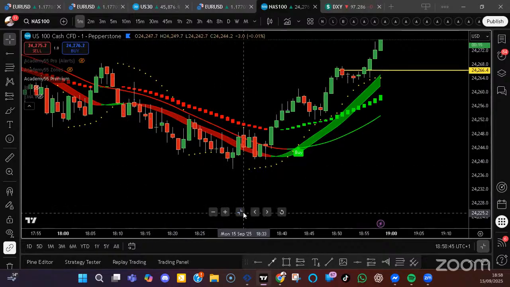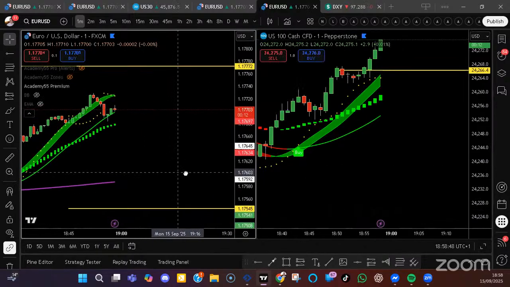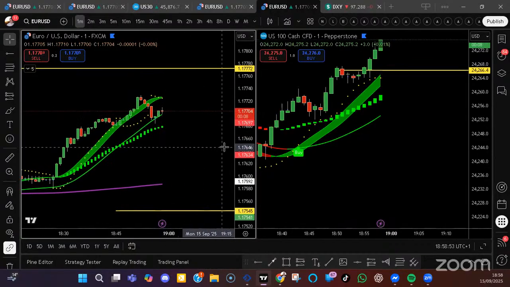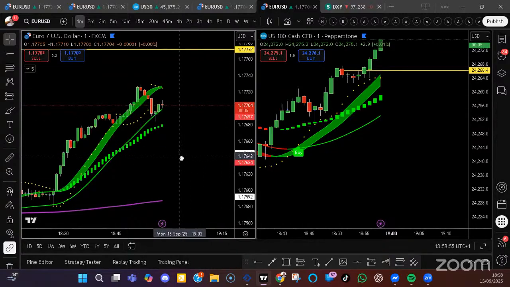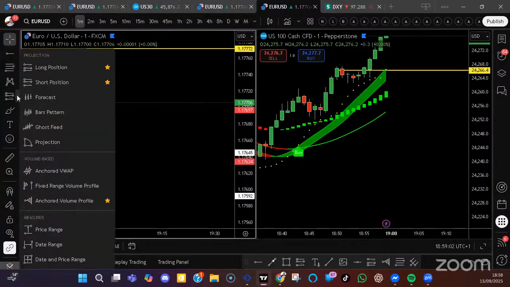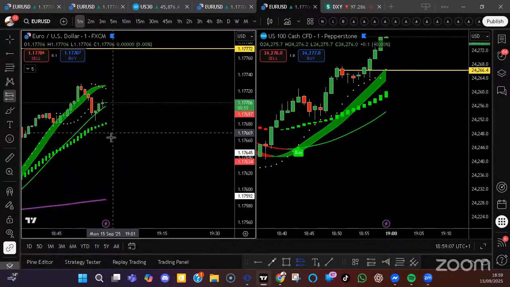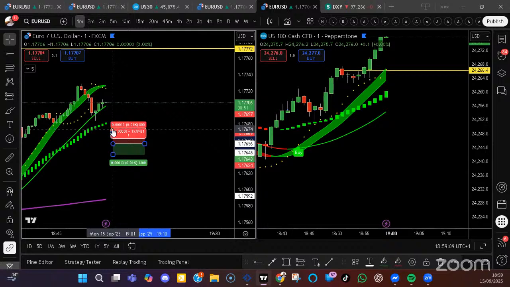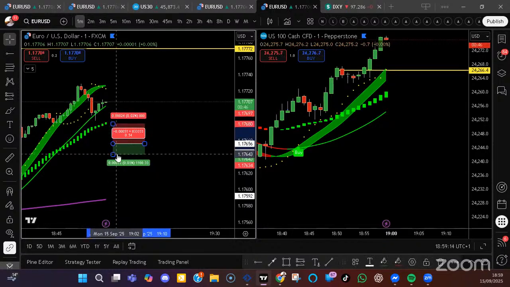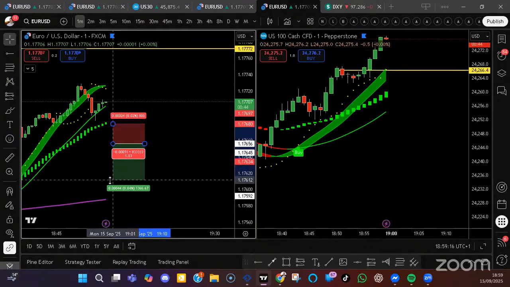And let's have a look at the. We might be better off by taking a sell on the actual EUR USD, and this is what it's going to look like for the EUR USD. Keeping a minimum of 2 pips plus away.